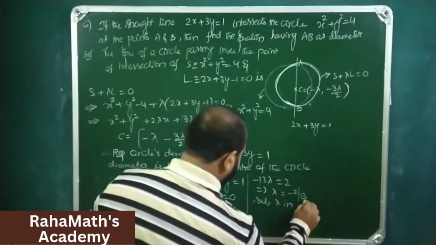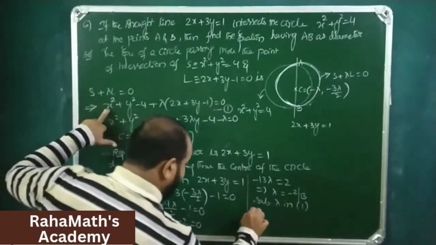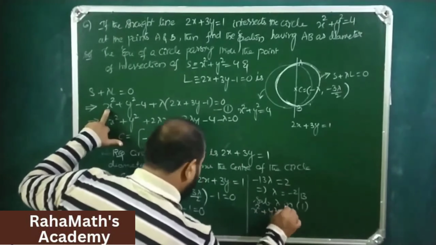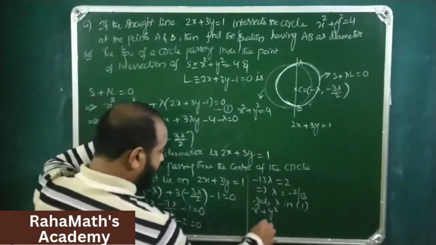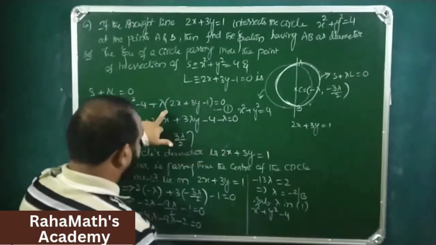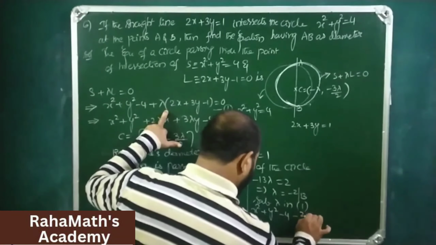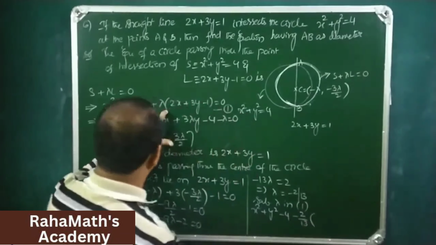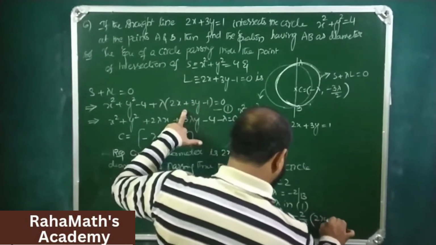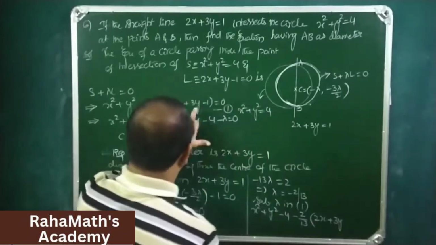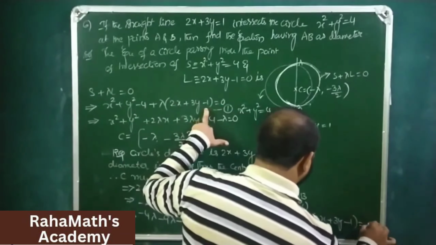Lambda in 1: x square plus y square minus 4 plus lambda, which is minus 2 by 13, into 2x plus 3y minus 1 equals 0.